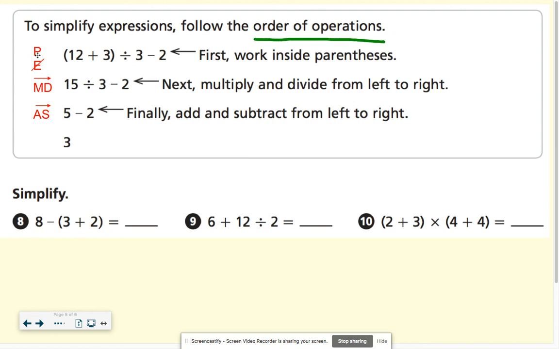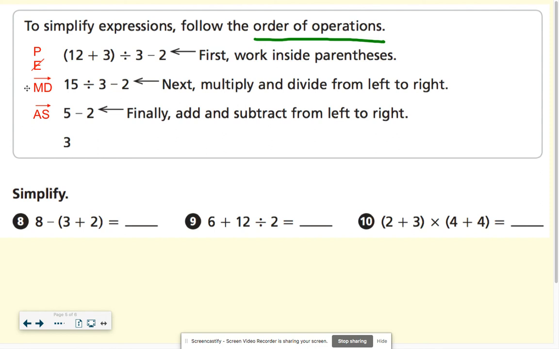We call it PEMDAS. So the very first thing you always work on are parentheses. Parentheses are these things that hug the numbers. And you do what's inside of it first. We're not going to do exponents because they don't show up as a fourth grade skill. You'll learn those later on.